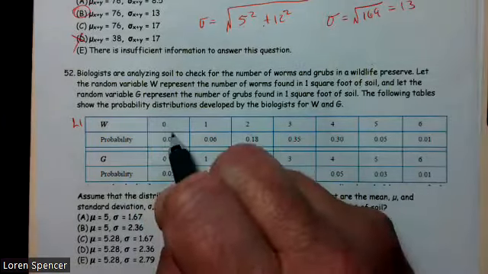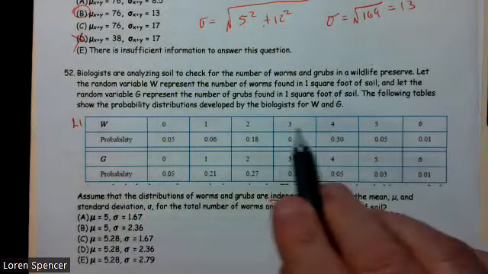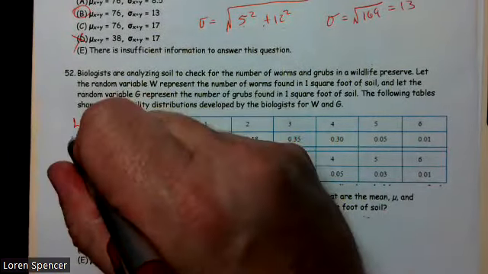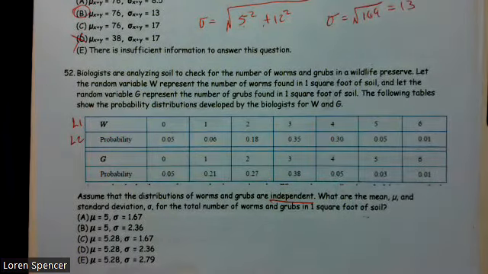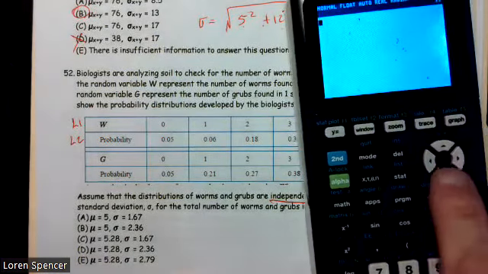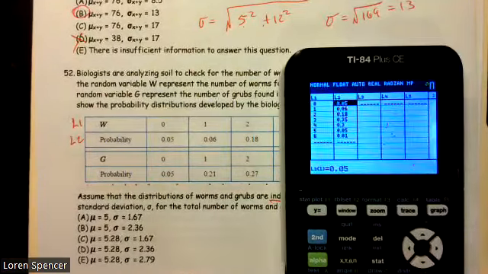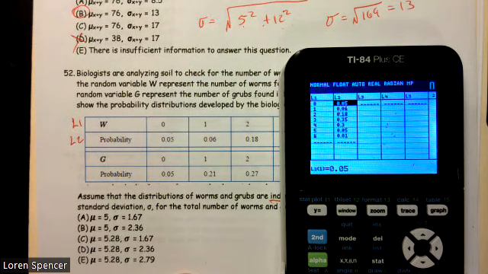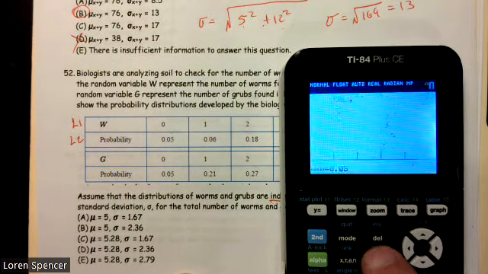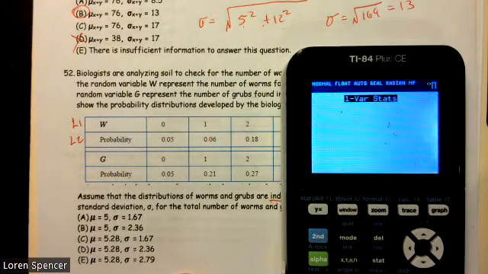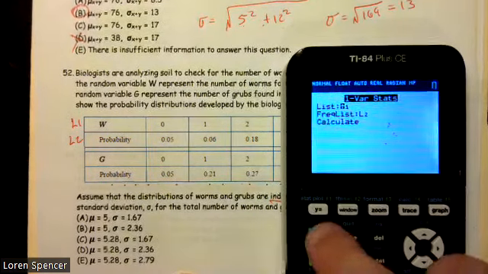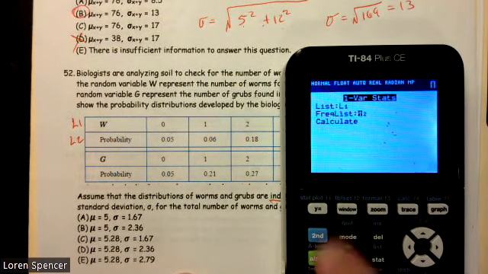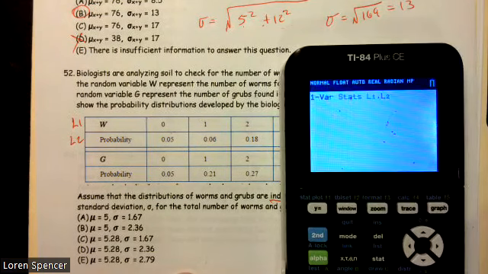We're going to input the W's into L1 and then the frequencies into L2. Now I've already done that. I went to stat edit and entered those values, so basically L1 and L2 all the way across. Then I'm going to press stat, arrow over to calc, 1-Var Stats, blue button 1, and then frequency, blue button 2.